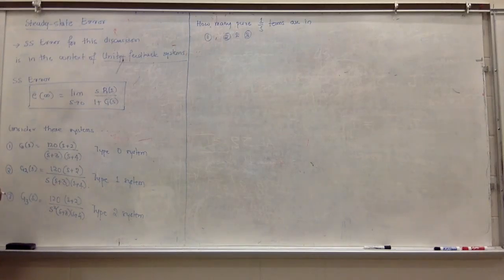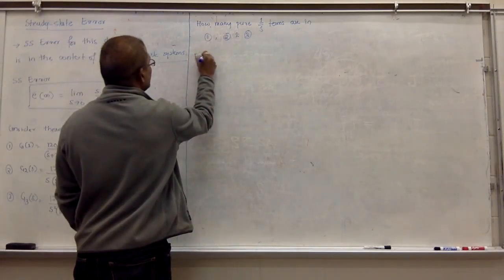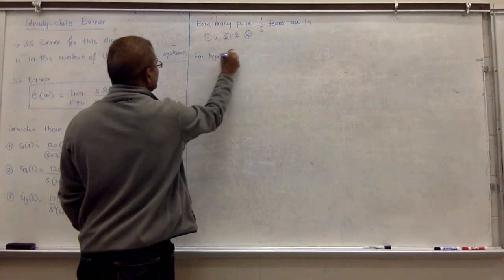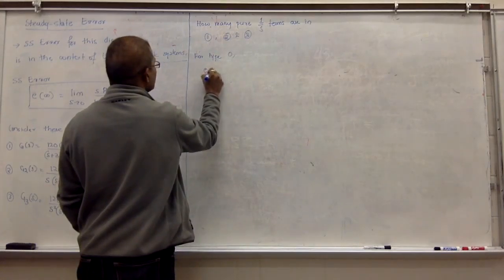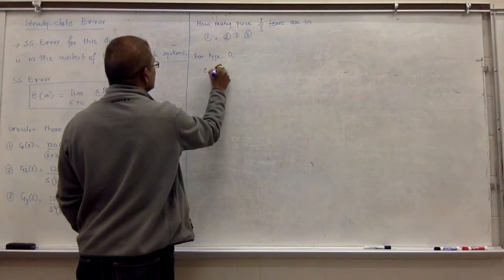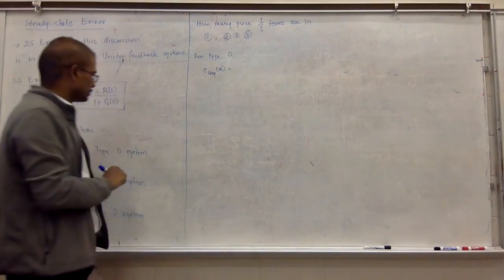Now if this is your type 0 system, for type 0, E step is equal to what?